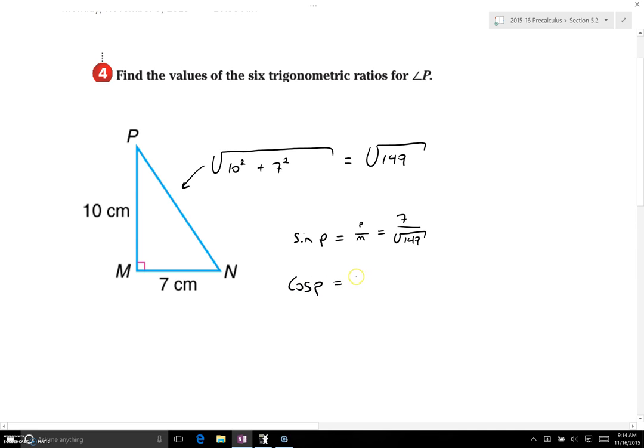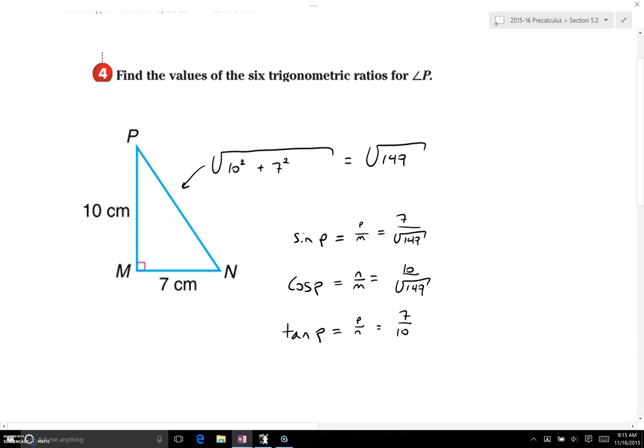So that's going to be n over m. And so that's going to be 10 over the square root of 149. And tangent of P is opposite over the adjacent, so that's going to be p over n. Here we've got opposite, adjacent, so that's going to be 7 over 10.